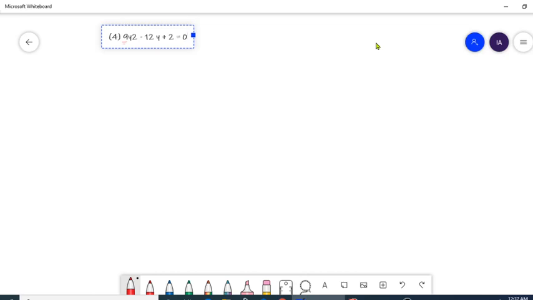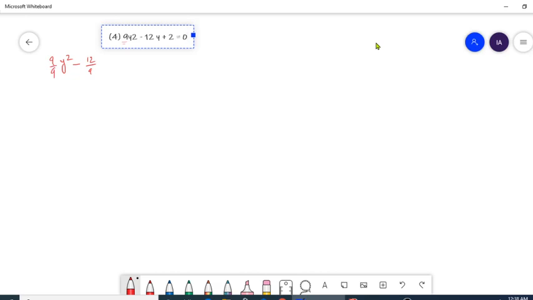So we need to convert this 9 into 1. So what can I do? Simply we can divide this equation by 9. So dividing by 9, you will get y square minus 12 upon 9. Look, here we have 9, so I am dividing by 9.